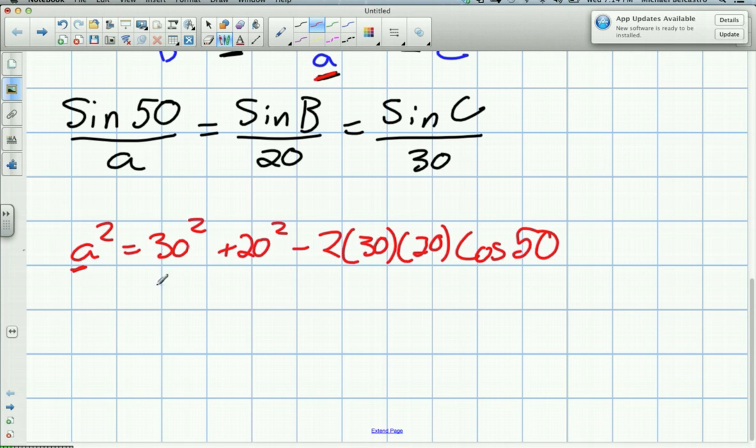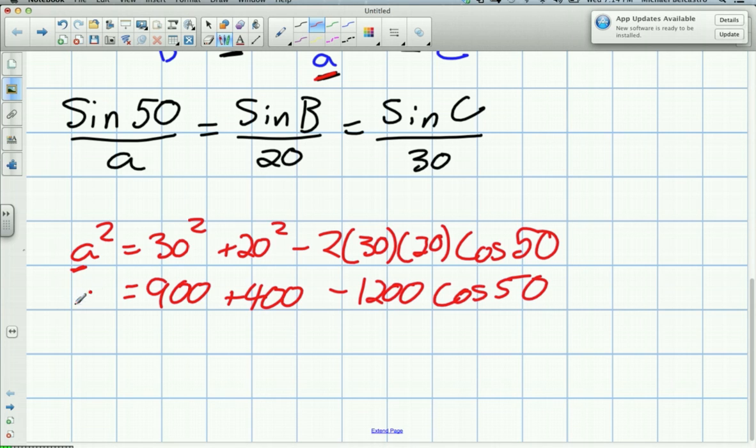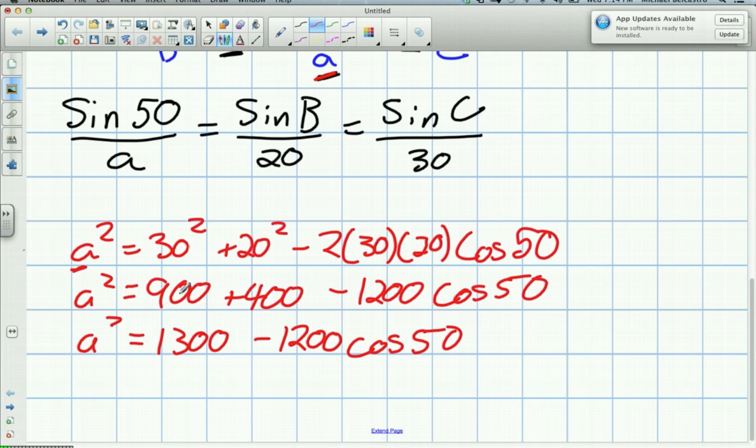So let's solve for that A. Well, 30 times 30 is going to give us 900 plus 400 minus, this will be 600 times 2 is 1200, I believe. And then cos 50, all equal to A squared. This becomes 1300 minus 1200 cos 50. Now, this is a very common error.